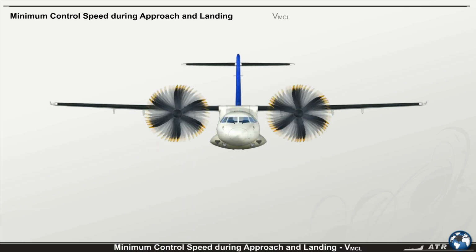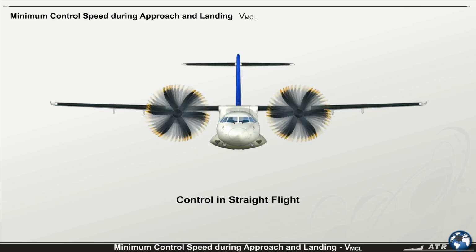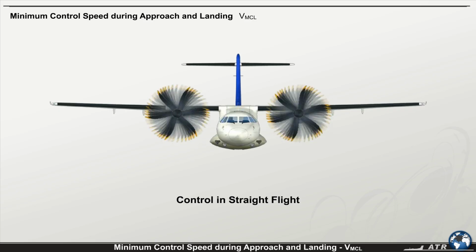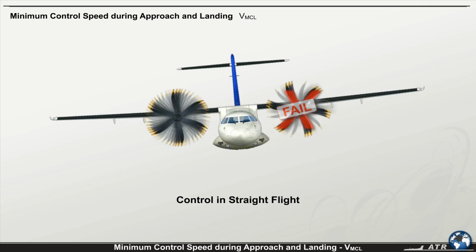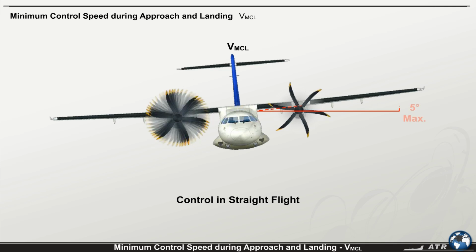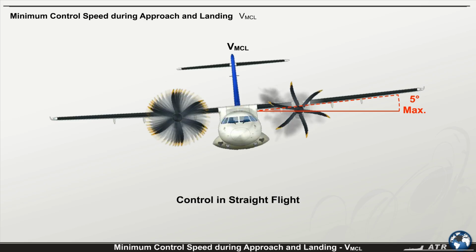The minimum control speed during approach and landing, VMCL, is the speed during approach and landing with all engines operating, at which, in case the critical engine fails, it's possible to maintain control of the aircraft. You can maintain a straight flight and a bank angle of not more than 5 degrees.